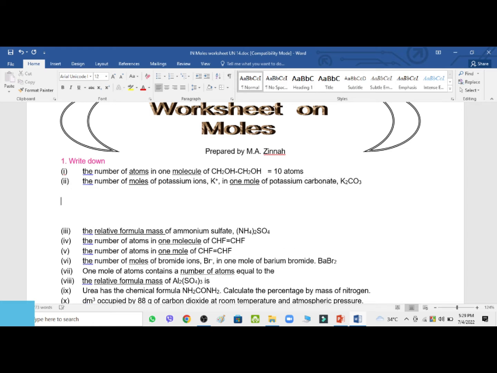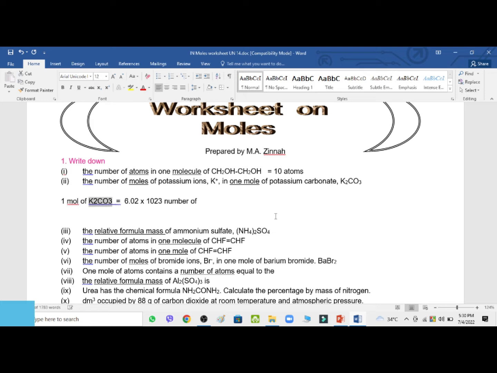So what do you have here? 1 mole of potassium carbonate. You are supposed to know what 1 mole means: the Avogadro number, 6.02 times 10 to the power 23. This is the number of potassium carbonate particles.